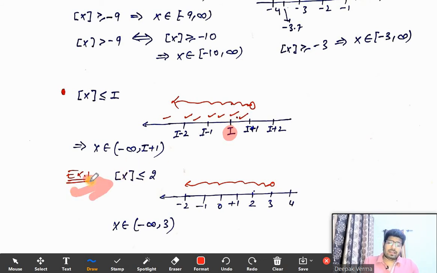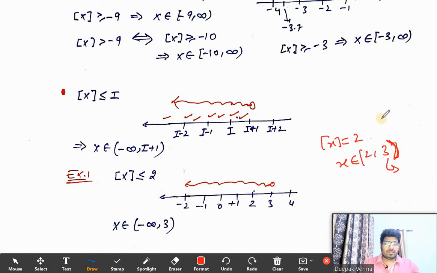Understand it by taking an example. If box x is less than or equal to 2, then x will belong to 2 to 3. Got it? So this 3 is nothing but 2 plus 1.